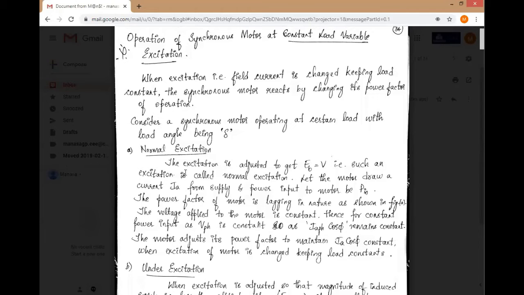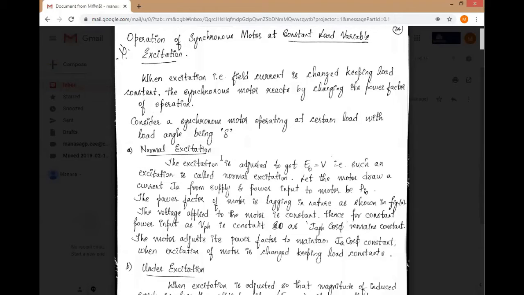So first we will consider normal excitation. What is meant by normal excitation? You will supply the current to the field winding in such a way that the back EMF is exactly equal to the supply voltage, again taking the phase values. The excitation is adjusted in such a way that the back EMF is exactly equal to the supply voltage. Then that excitation is referred to as normal excitation.